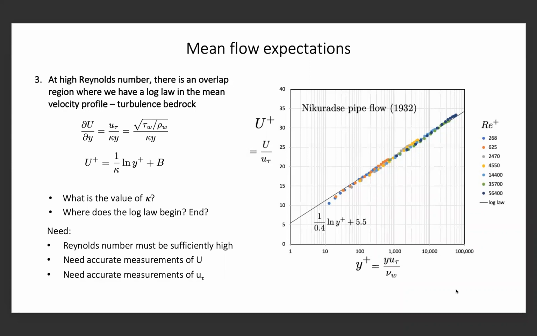If we wanted to answer those questions, we must have a very high Reynolds number. We need accurate measurements of the velocity, and we need accurate measurements of the friction velocity or the shear stress at the wall. So, first things first, we need a high enough Reynolds number.